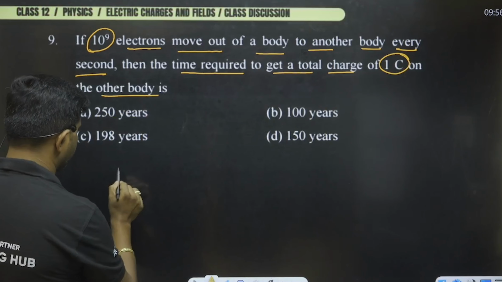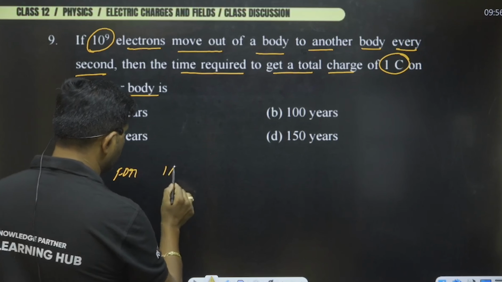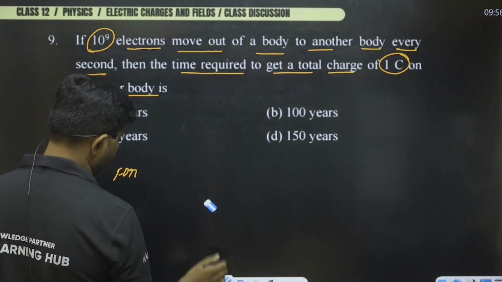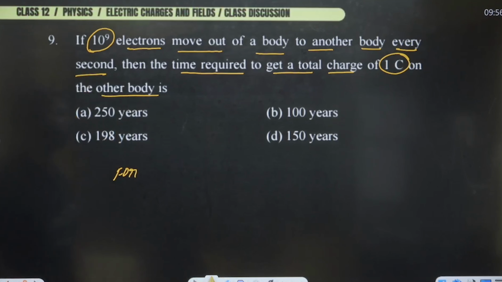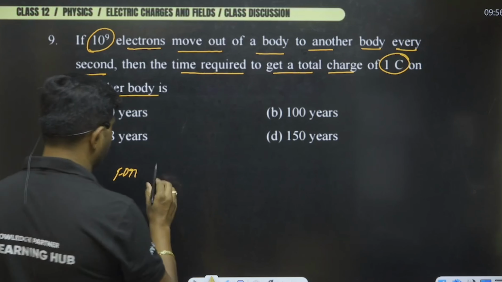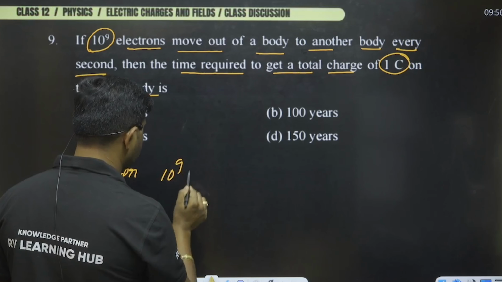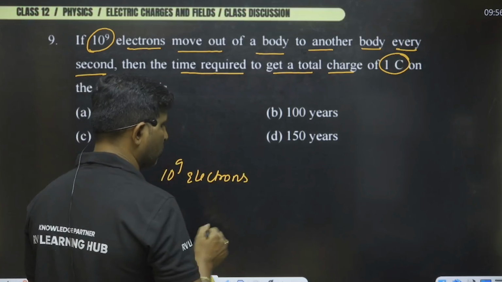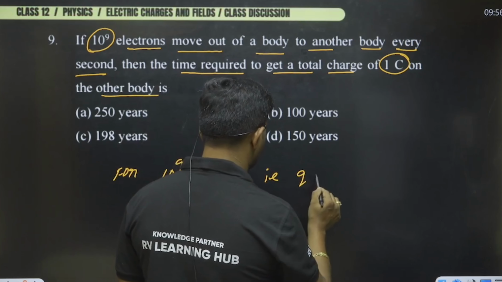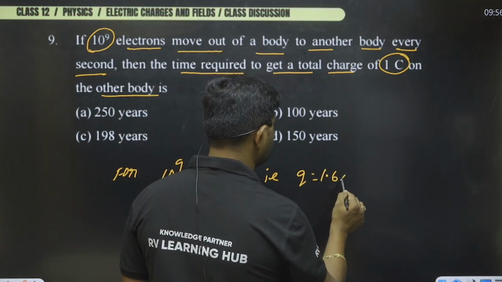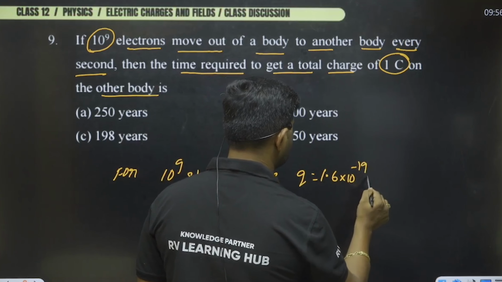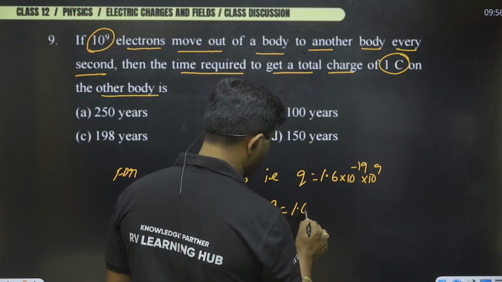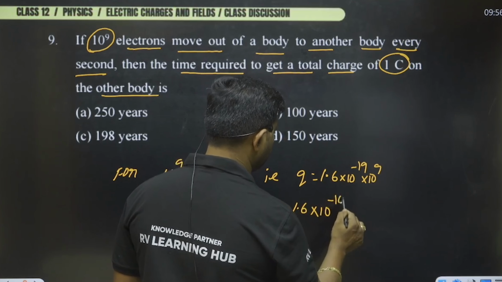We can say that for 1 second, they're asking the time. See here, for 10 to the power of 9 electrons, the charge is equal to 1.6 into 10 to the power of minus 19 into 10 power 9, which is nothing but 1.6 into 10 to the power of minus 10 coulomb.